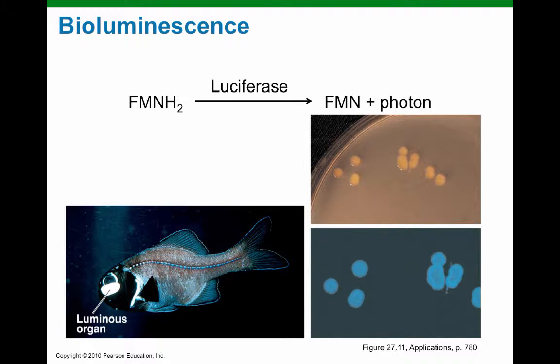And so bacteria that produce luciferase, this is an enzyme that can convert FMNH2 to FMN into photons or release light. Some of these bacteria are associated with organs around the eyes of fish, so it actually allows them to see more appropriately in this environment.